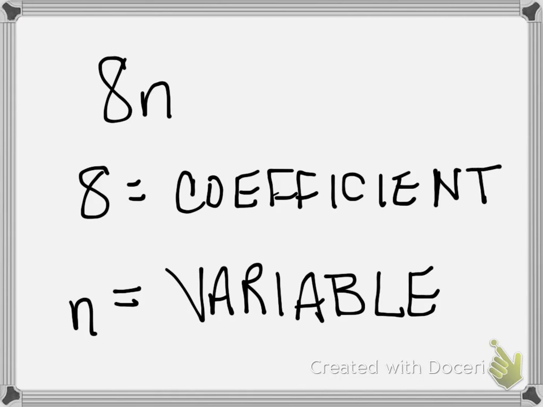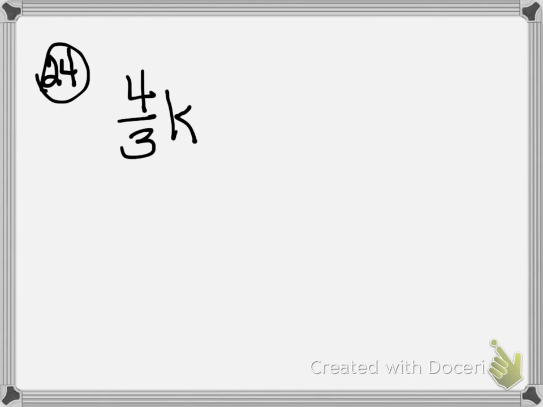Okay? All right, so let's look at some subtraction. And if you have already thought ahead in your mind, that subtraction is going to be no different than the addition. You're just going to be subtracting instead of adding. So let's look at number 24 on your worksheet. 24 says 4 over 3k minus 17 over 10k. Now ask yourself, where are the coefficients?